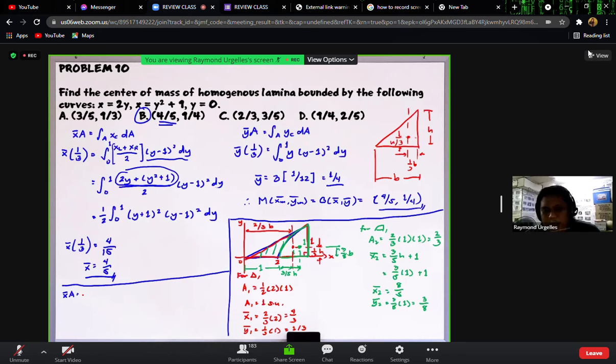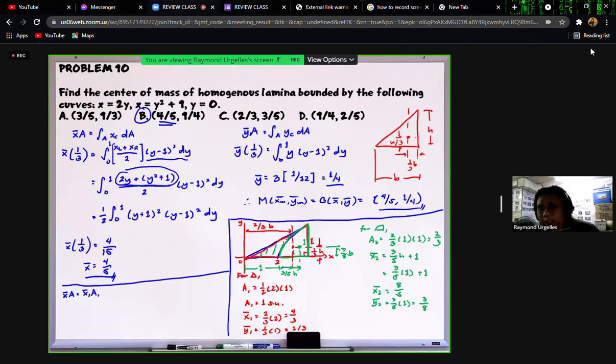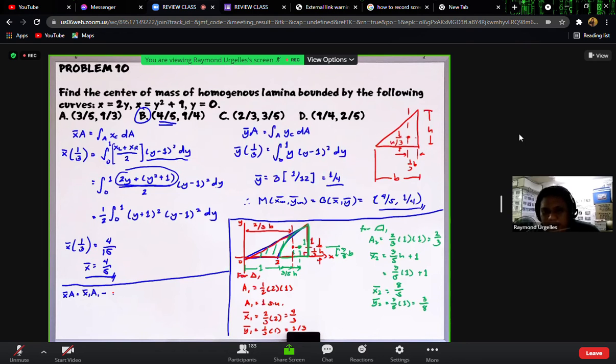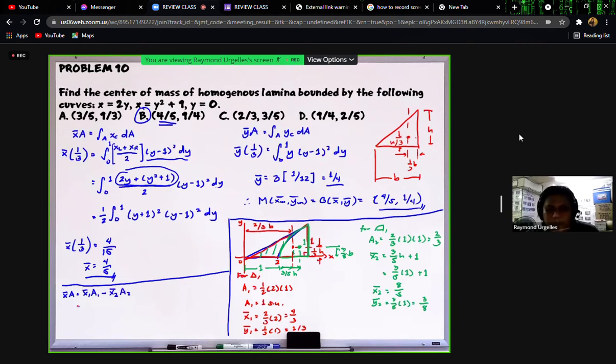Okay? So, therefore, start tayo sa x bar. So, again, x bar times the area is just equal to x1 bar times a1. Since minus parabola na siya, gagawin lang natin itong minus. So, we have x2 bar times a2. Okay? So, again, x1 bar is 4/3, no? Ang area niya is 1 minus x2 bar is 8/5.